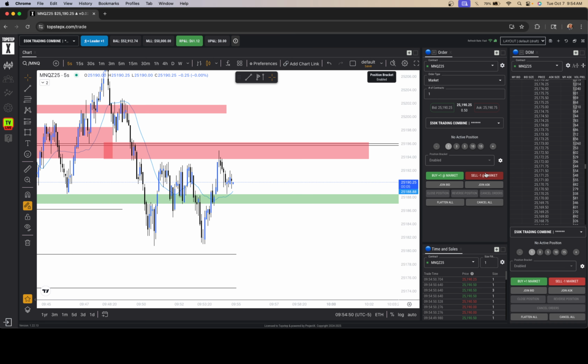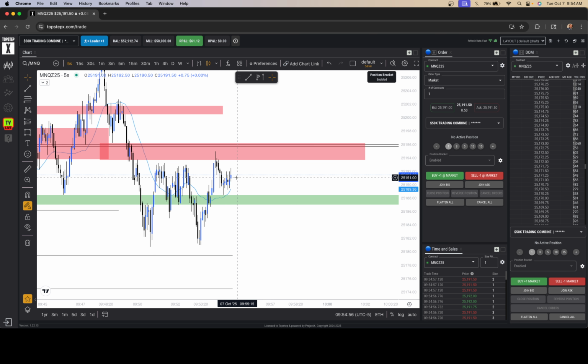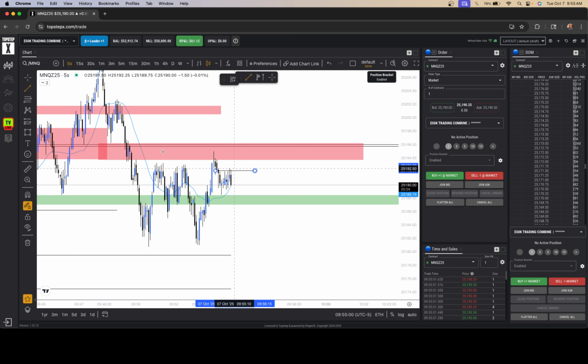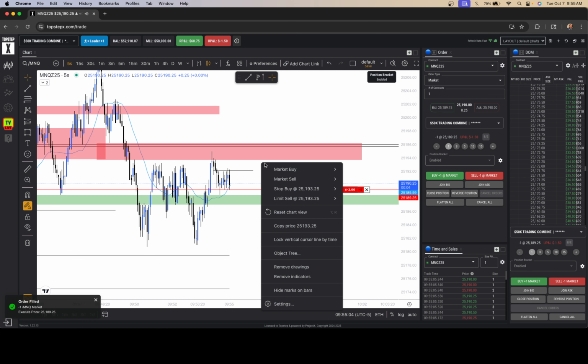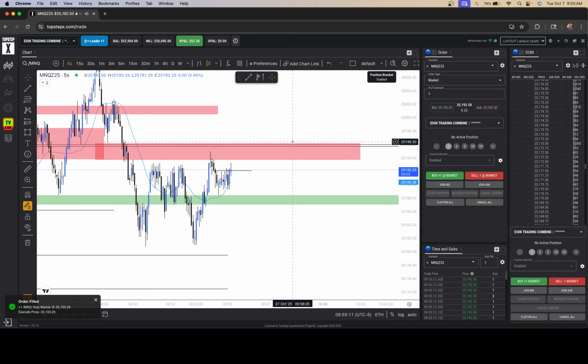We could see that push down in price right here. Kind of want to see this swept and then a flush back lower. I think that'll be worth the risk. This is a very tight entry though. Order filled. Okay, there we go.